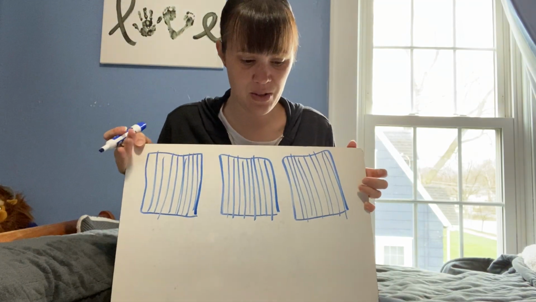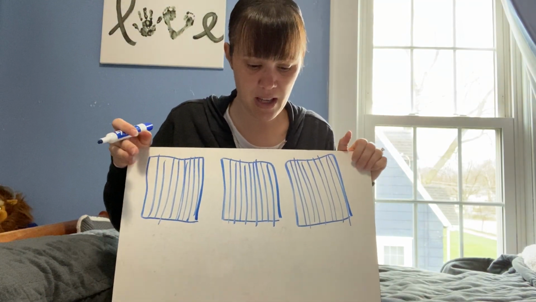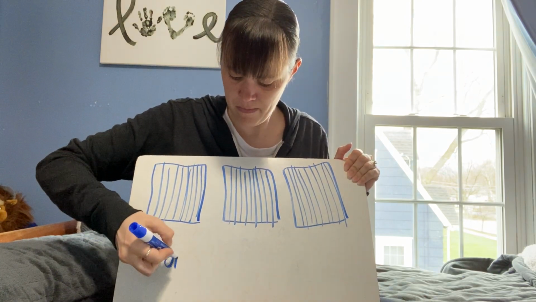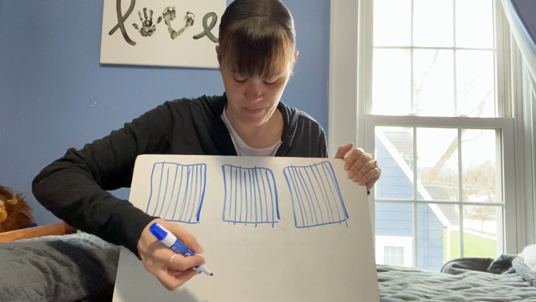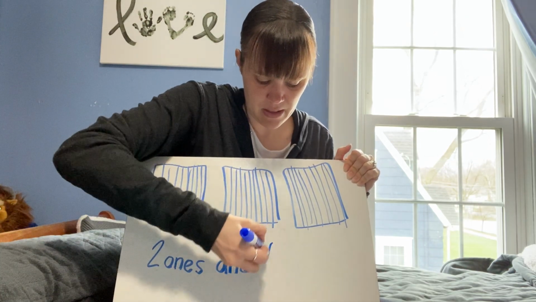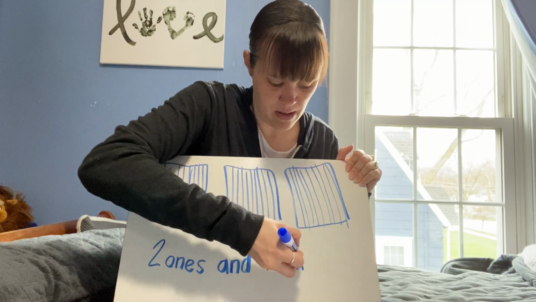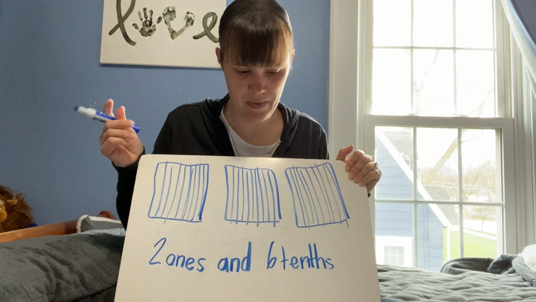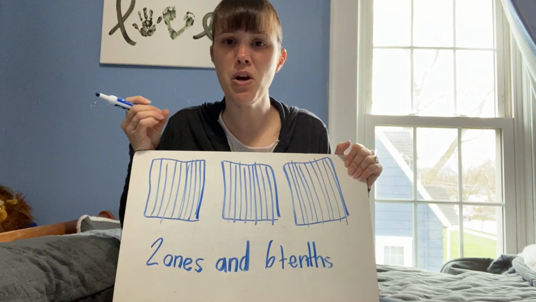All right, so it says write the following as equivalent decimals. 2 ones and 6 tenths. So this is what it says in our problem set. Is the ones part throwing you?